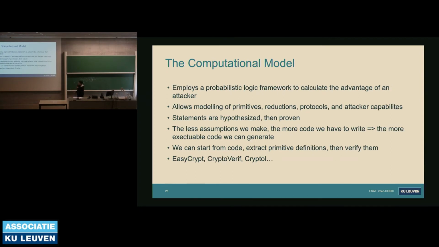And in the computational model, things are more intricate. Some of the tools like EasyCrypt or SSProof employ something called a probabilistic logic framework. For EasyCrypt, it's called probabilistic Hoare logic.